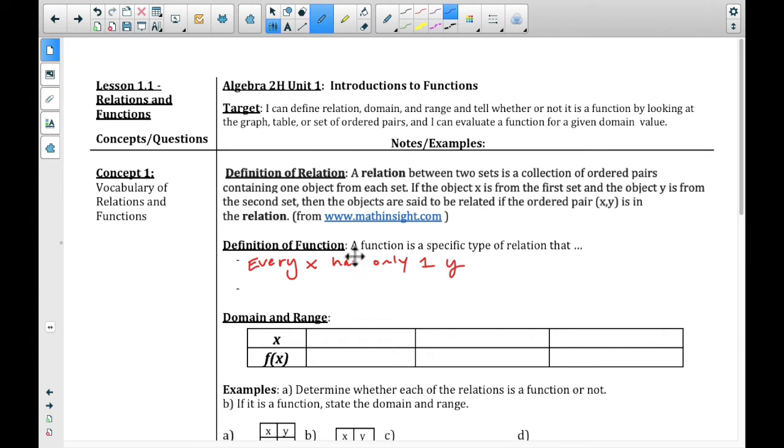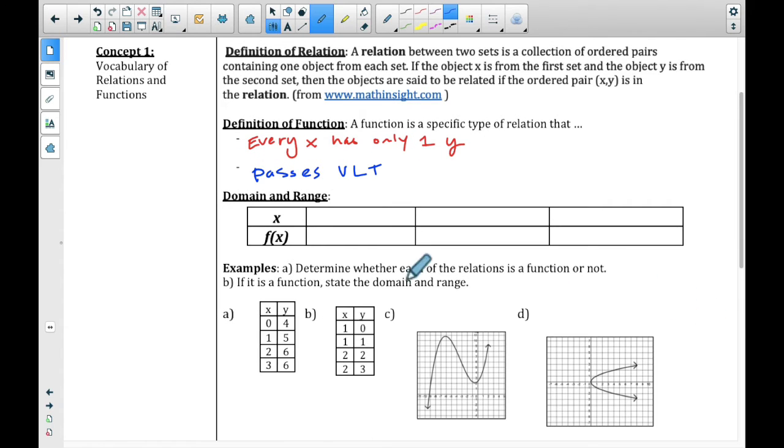The other thing that we know about functions is it passes the vertical line test, and that might be something that you have learned before. When we talk about functions, we talk about things like domain and range. We use x, of course, and then f of x is another basic way of saying y. It's very similar to y. It's just a little bit more helpful.